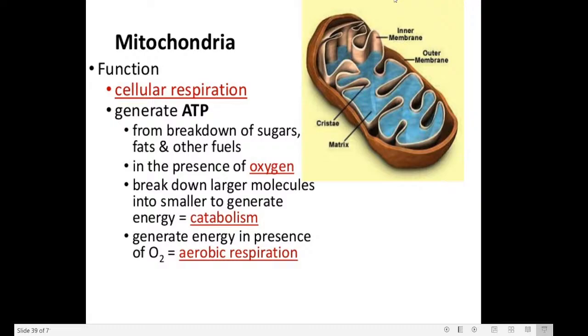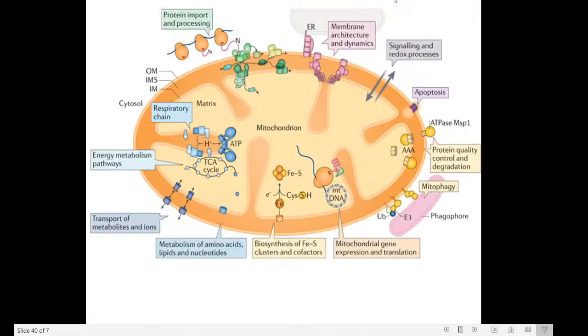These are all the keywords about the mitochondria. This is a mitochondrial structure, in which we can see different regions. The mitochondrial genes express translation and transcription processes.